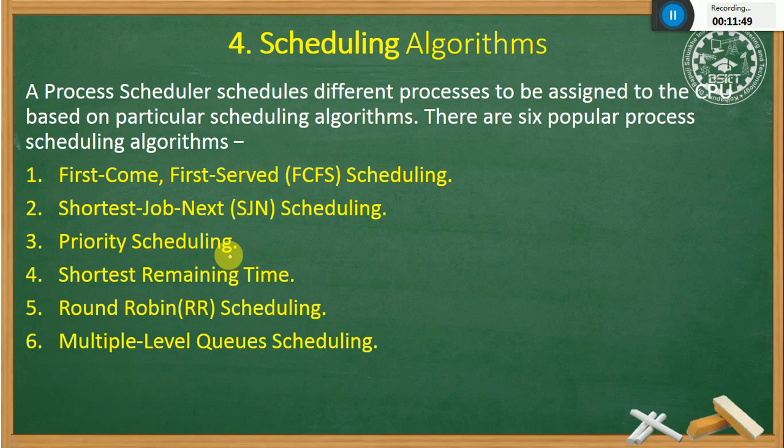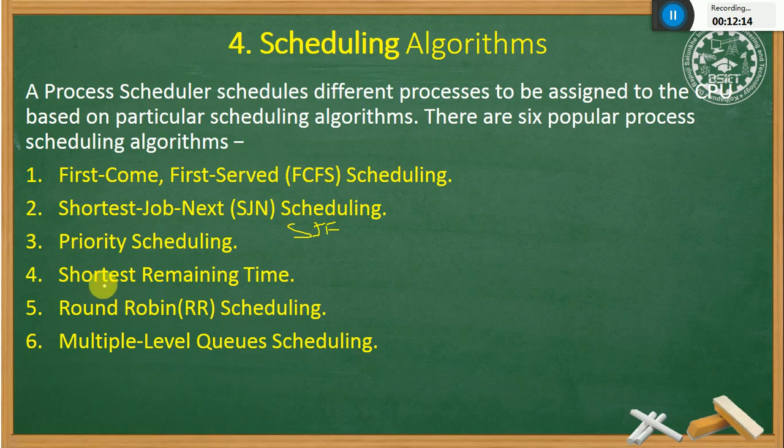In this unit 4.2, we are going to discuss 6 popular algorithms in CPU scheduling. The first one is first come first serve, that is FCFS. Second is shortest job first, the SJF algorithm.